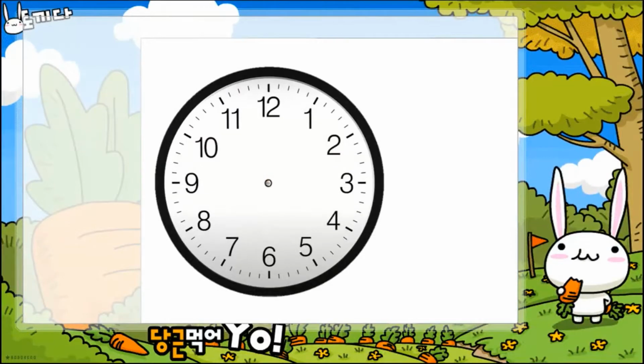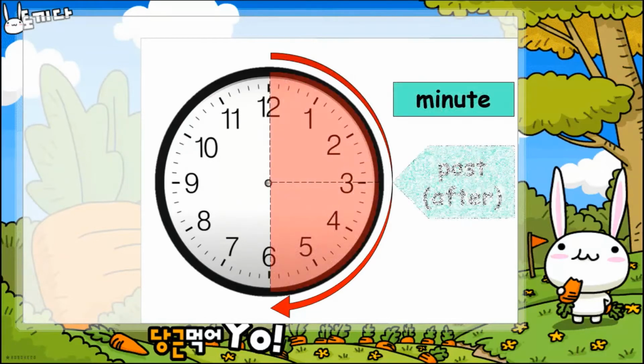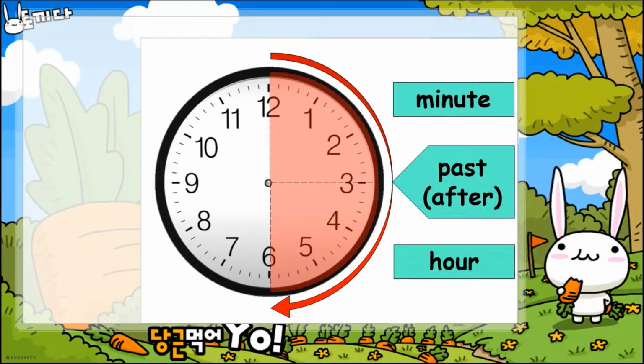The British style of telling time is opposite to the American style we have learned just now. American style tells hour first, but British style tells minute first. For minutes before 30, the minute hand will point at the red part of the clock. We will read the time as minute past the existing hour.